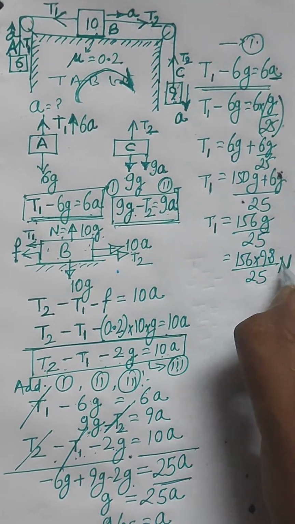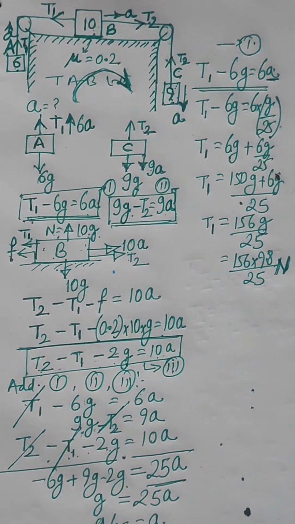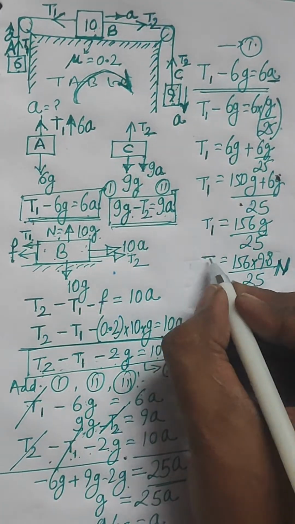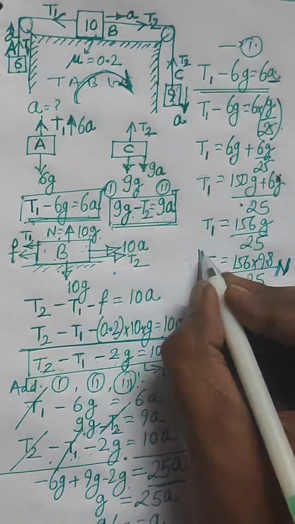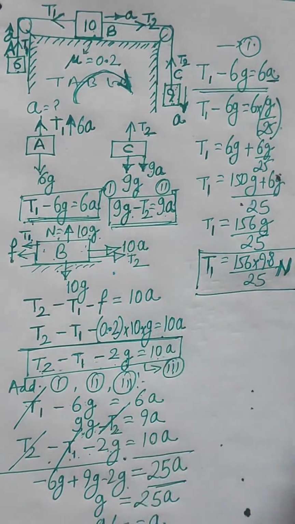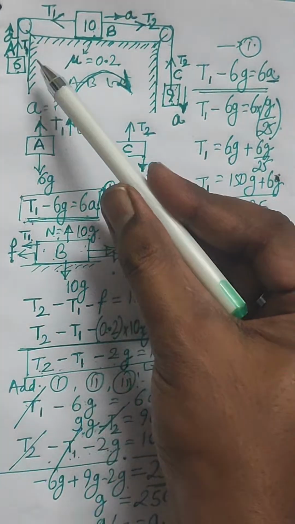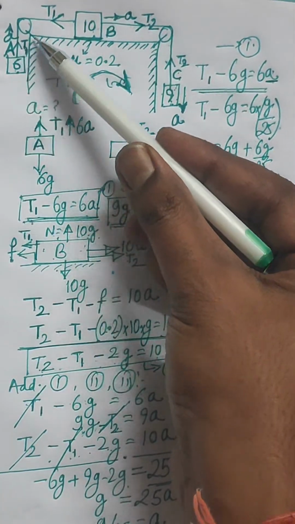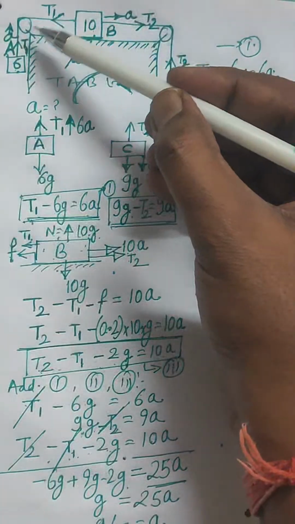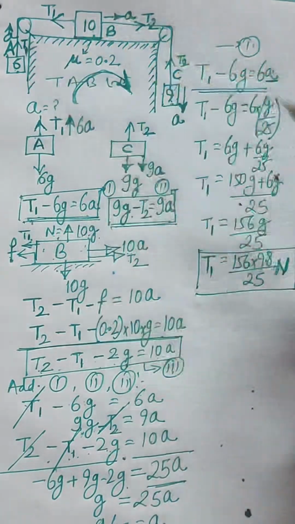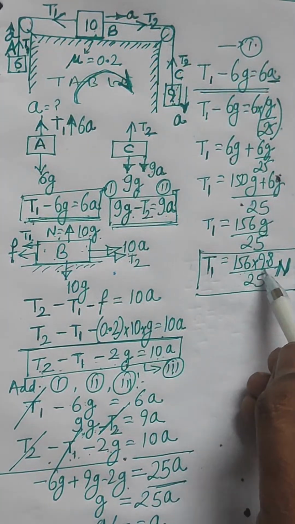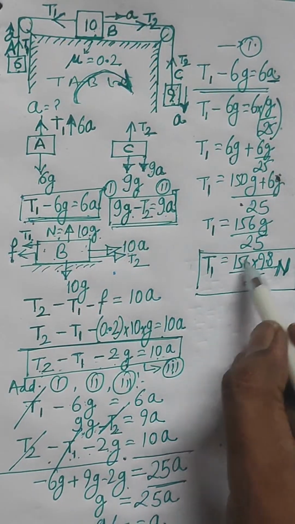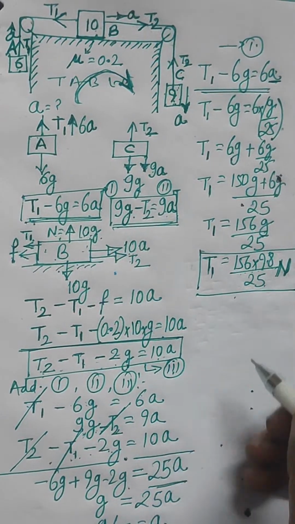So this much Newton is the tension in the string for T1. T1 is just for the block attached, the 6 kg block A, which is directly connected. The string will have a tension T1 equal to 156 into 9.8 divided by 25. You can just calculate, you will get the values, right?